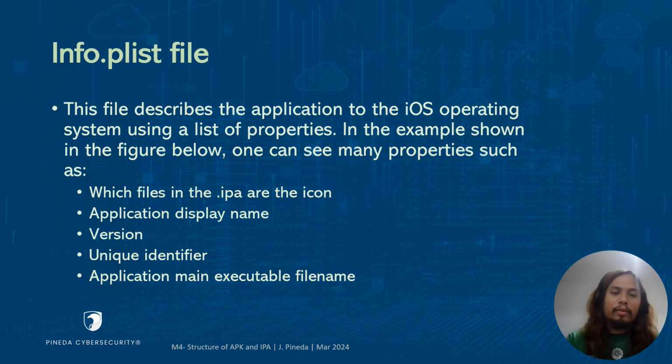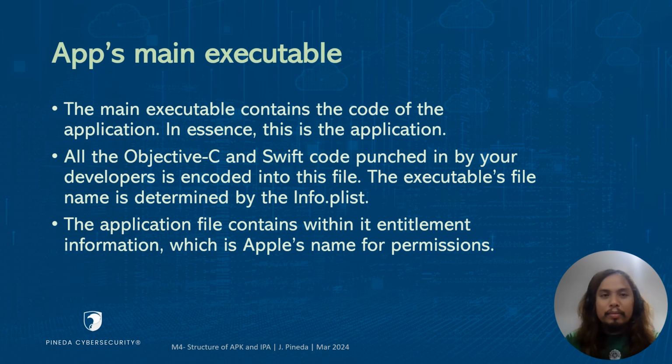So the first would be the info.plist file, okay, which describes the application to the iOS operating system using a list of properties. You can see many properties such as which files in the IPA are the icon, application display name, version, similar to META-INF in APK, the unique identifier, and then the application main executable file name. All right. The next would be the app's main executable.